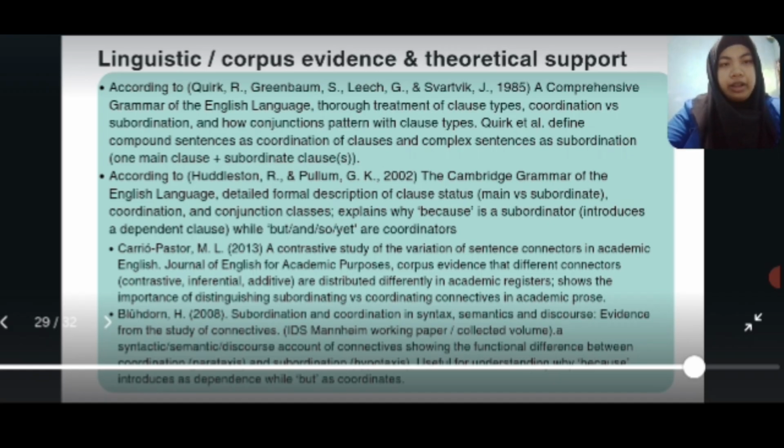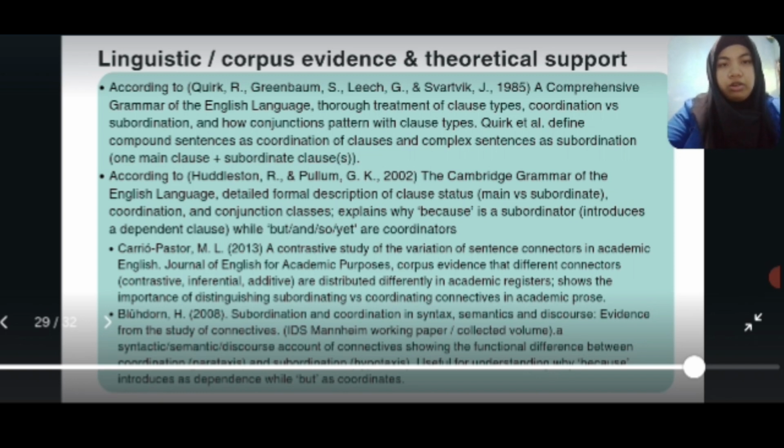Cario Passer ML 2013 shows the importance of distinguishing subordinating versus coordinating connectives in academic prose.